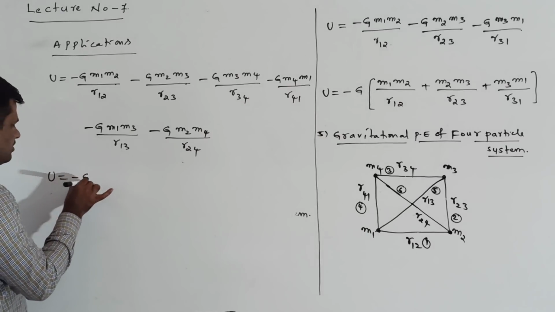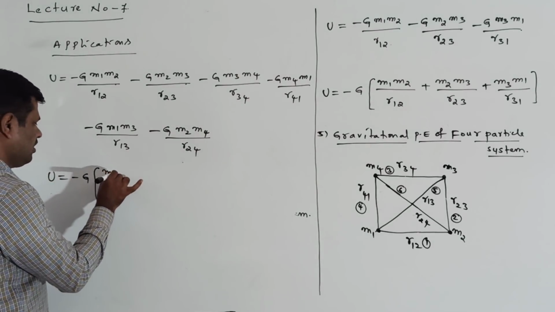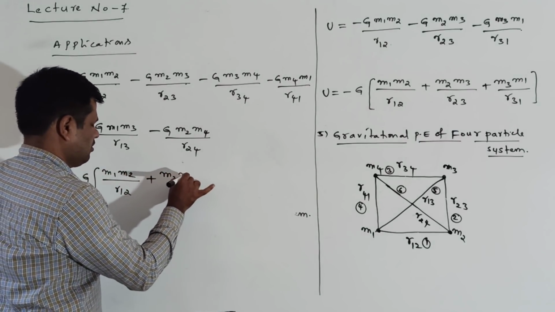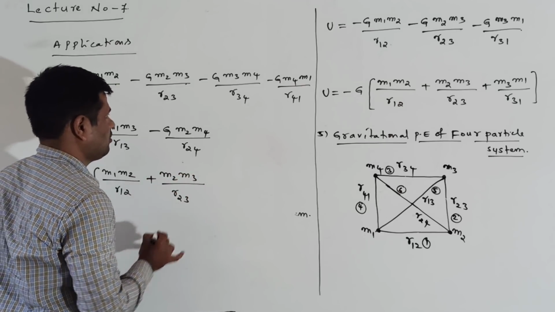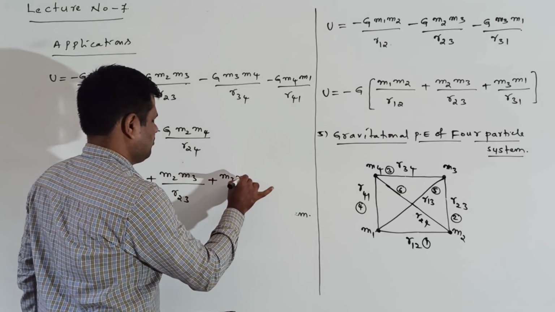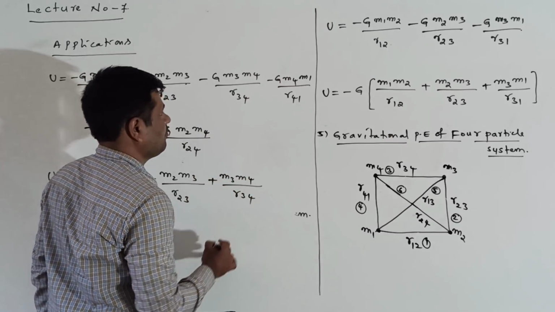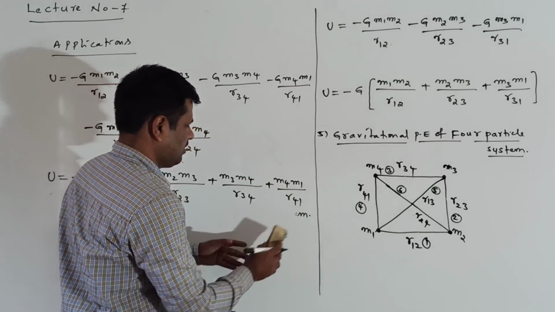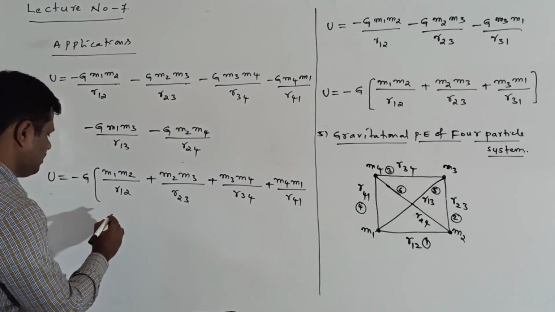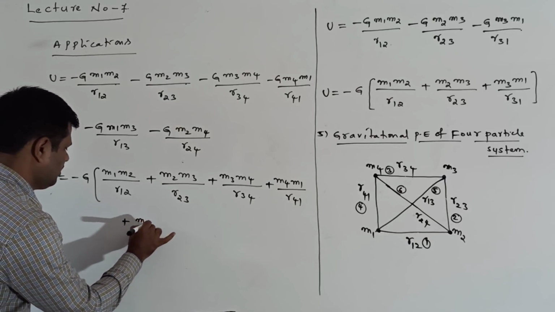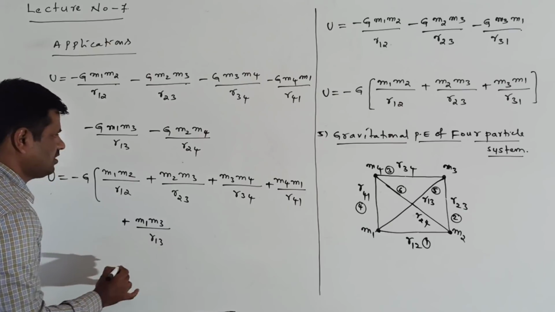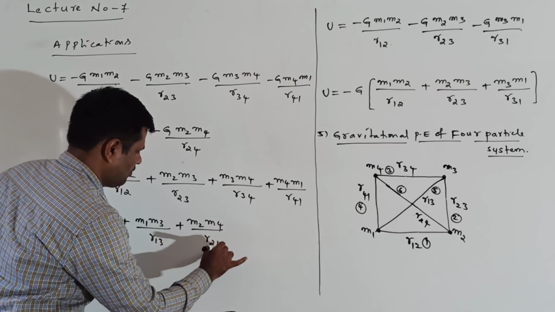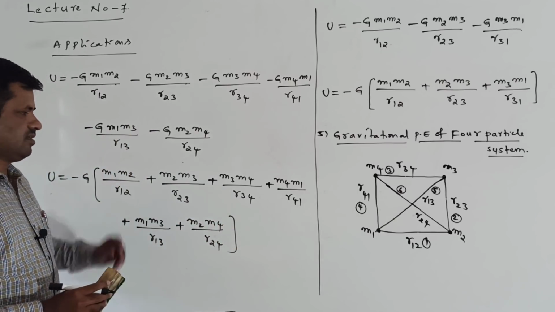U equal to minus G into M1 M2 by R12 plus M2 M3 by R23 plus M3 M4 by R34 plus M4 M1 by R41 plus M1 M3 by R13 plus M2 M4 by R24. We are writing like this.